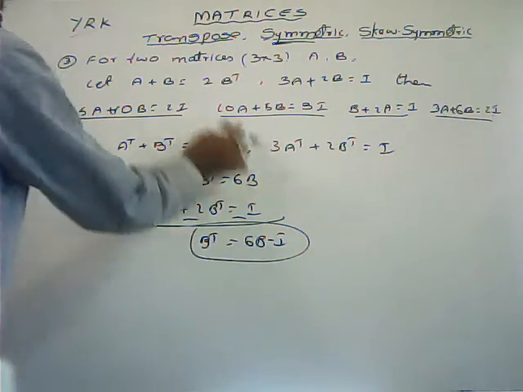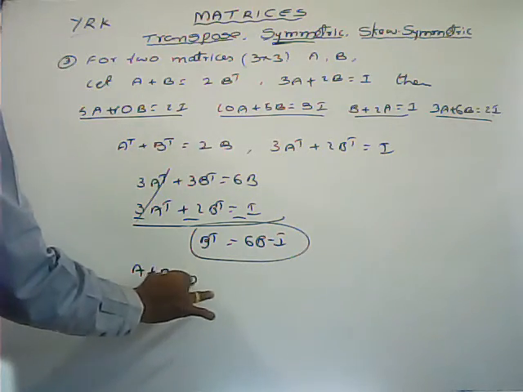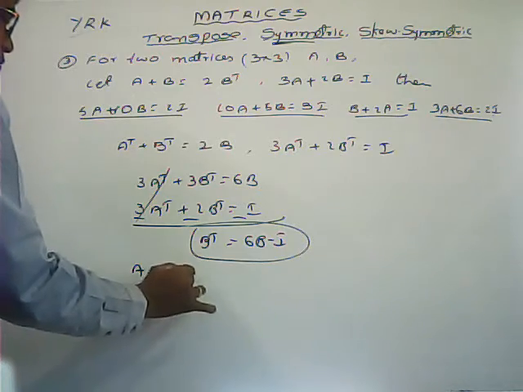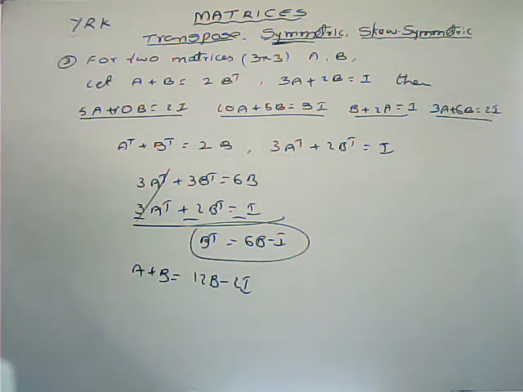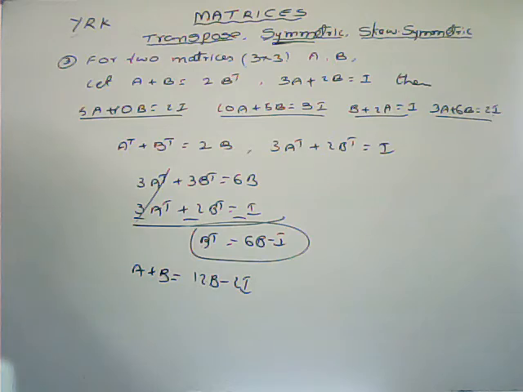The same value you can substitute here. A plus B is equal to 2 into B transpose, that is, 2B transpose is equal to 12B minus 2I. Here multiplied by 2 on both sides, then we can get 2B transpose. In the place of 2B transpose, you can substitute 12B minus 2I.